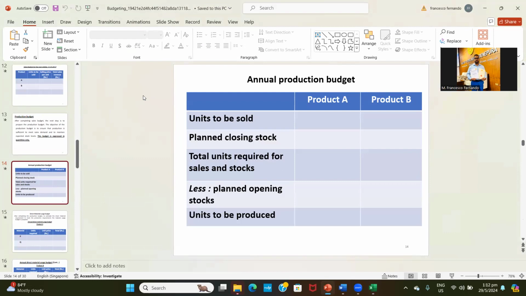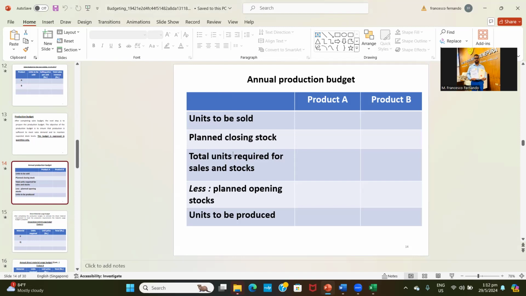Now this is the production budget. In the production budget, there are the number of units sold, planned closing stock, planned opening stock and the units produced. I have skipped the step of total units required for sale and stock.